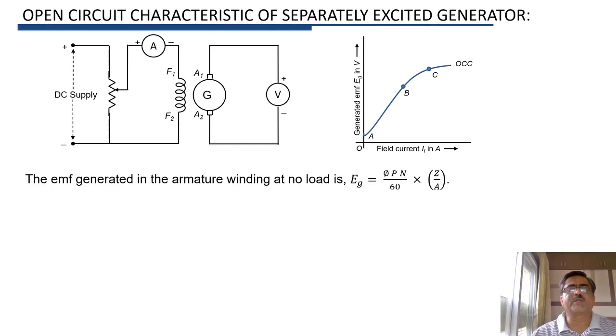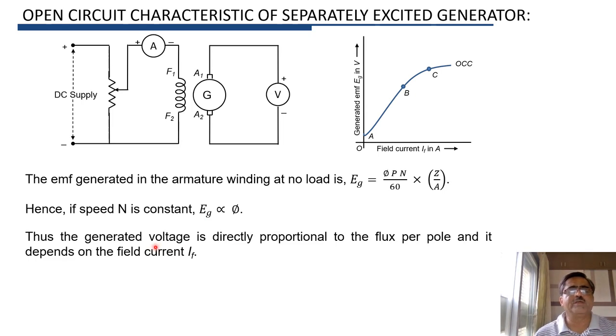Now we know the expression for Eg. Eg is given by phi P n upon 60 into Z upon A. Here speed n is maintained constant and all other terms are also constant, and therefore Eg is directly proportional to phi. So the generated EMF Eg is proportional to phi, that is flux per pole.